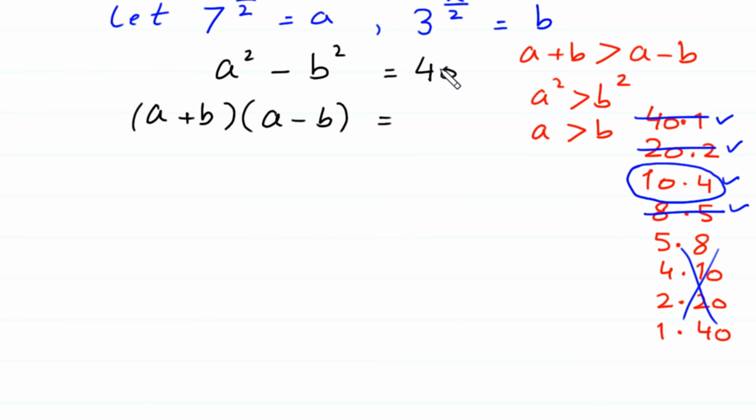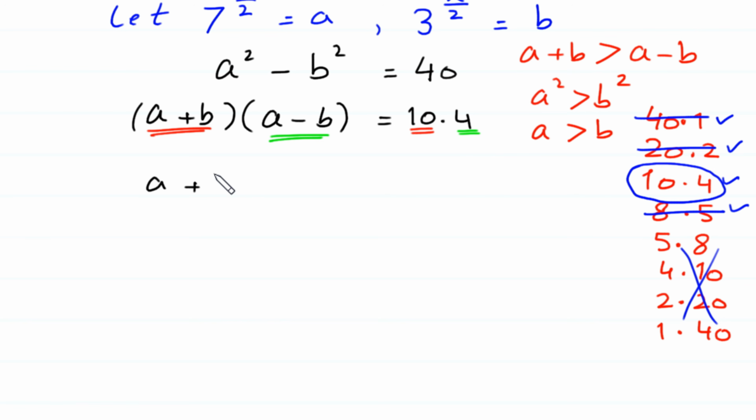We factorize this 40 as 10 times 4 and we write this greater factor a plus b equal to this greater factor 10 and we write this smaller factor a minus b equal to this smaller factor 4.